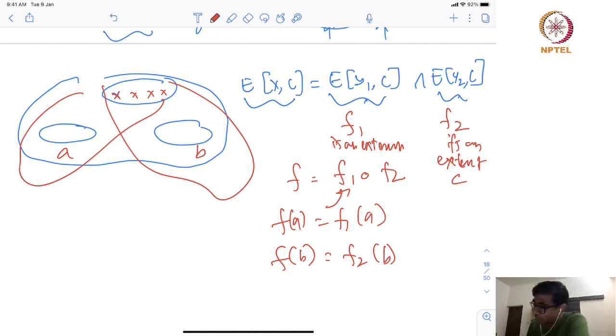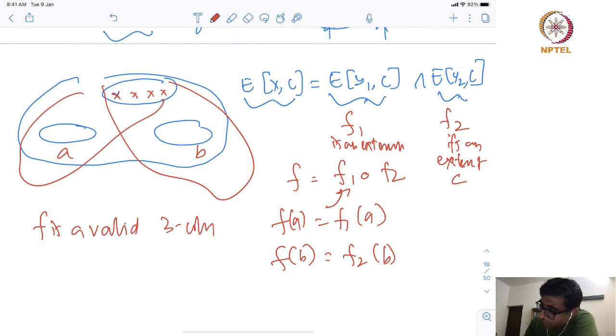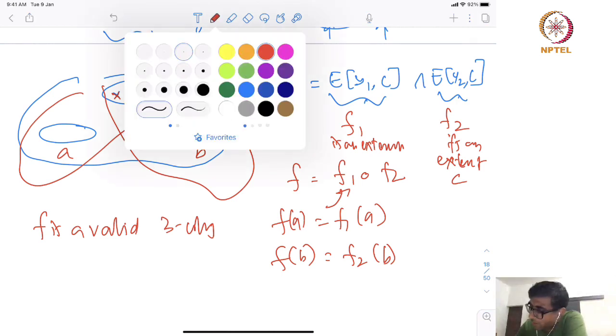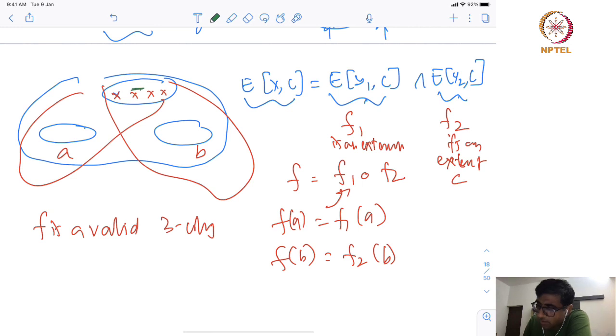Now all I have to show is that F is a valid 3-coloring. If you give me a valid 3-coloring of each portion, then I can get a valid 3-coloring for the whole graph. Why? Look at any edge. Either the edge is contained in the left-hand graph, or it is contained in the right-hand graph, so every edge is present in one of the graphs. If the edge is present here, then F1 helps us; if it is present there, then F2 helps us, because of those endpoints.